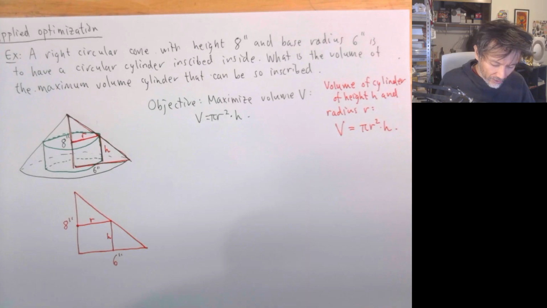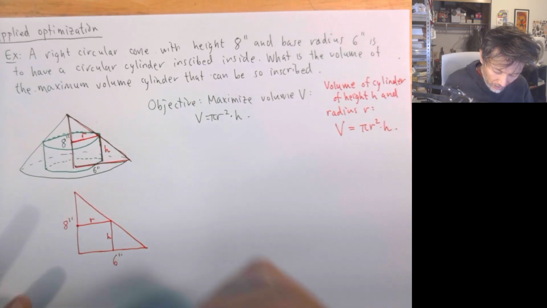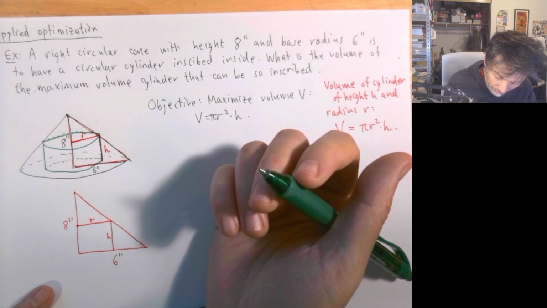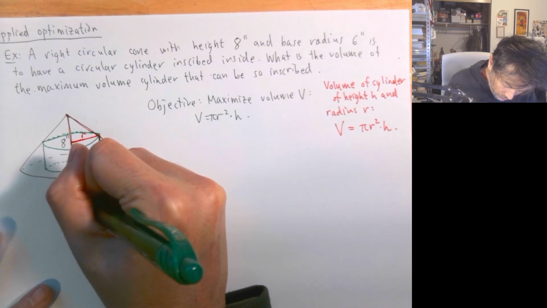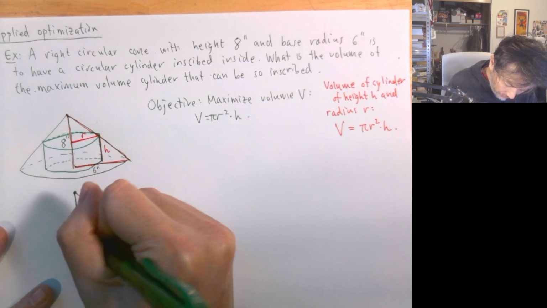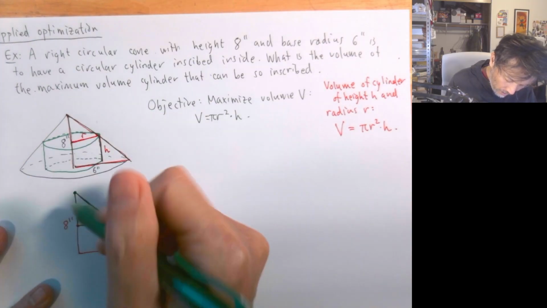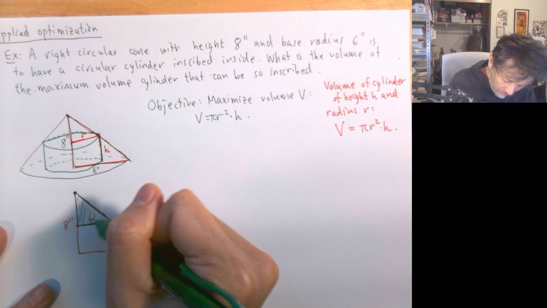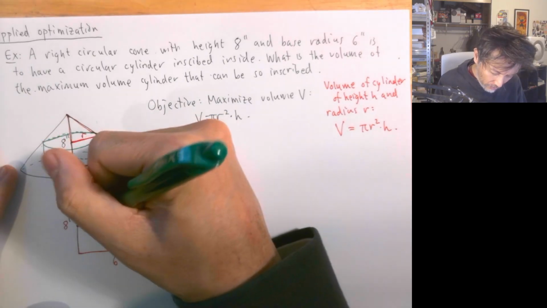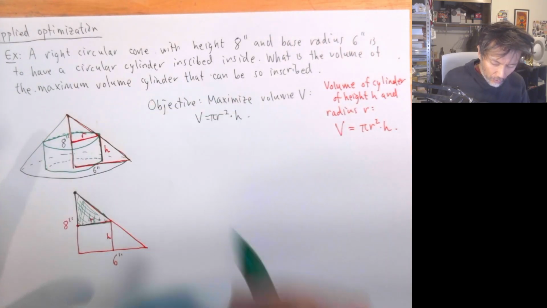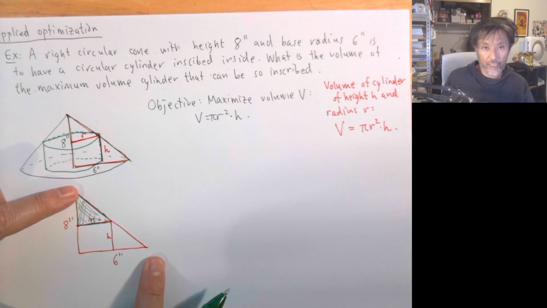The thing that I want us to concentrate on is the fact that this triangle right here, and maybe I'll shade it green, is similar to the big triangle that I've drawn here.